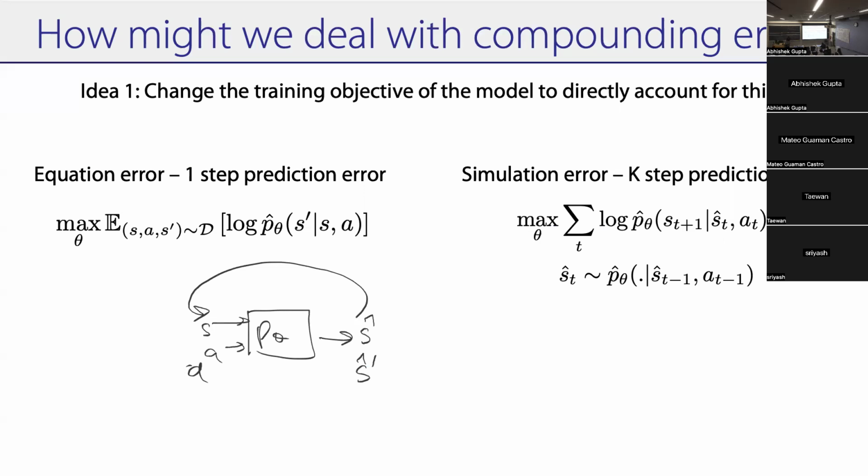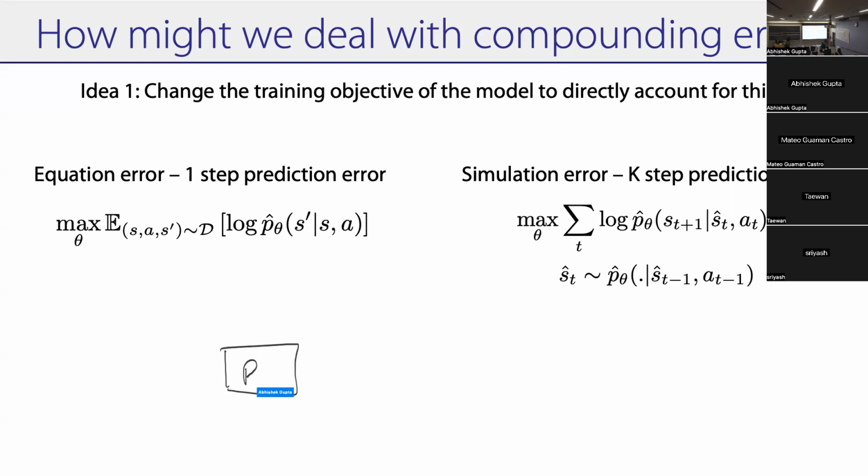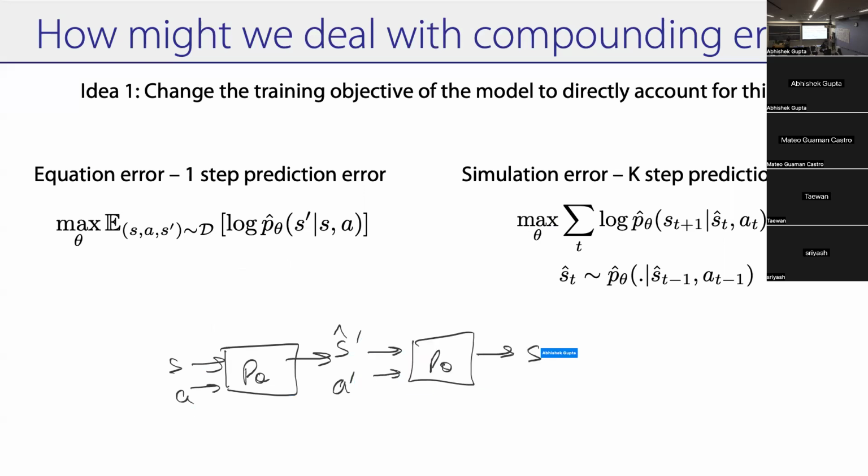If you think of the computation graph, you have b theta, and s and a give you s hat prime. Now s hat prime and a prime go back into your model, b theta, and give you s hat prime prime. This and this go back into your model and give you s hat prime prime prime. You can repeatedly stick things through your model and then supervise the error, summed up across all of the time steps.